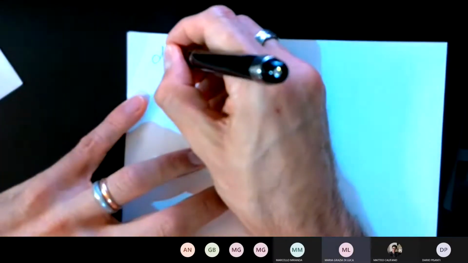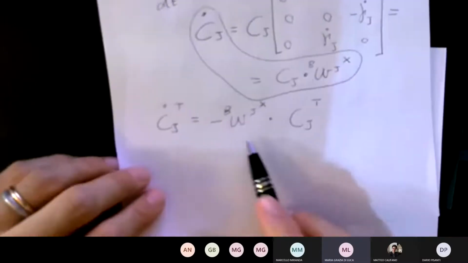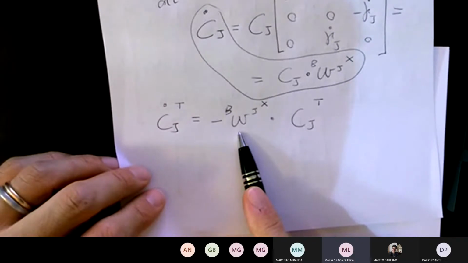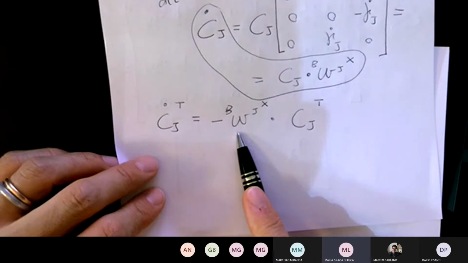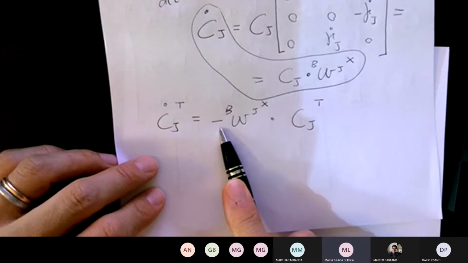The minus sign in this expression is coming from the fact that we are computing the angular velocity of J with respect to the body, because if we do C dot transpose times C, then since C dot transpose this C to the minus 1, we obtain minus omega. I don't really understand the sign. What, this one?